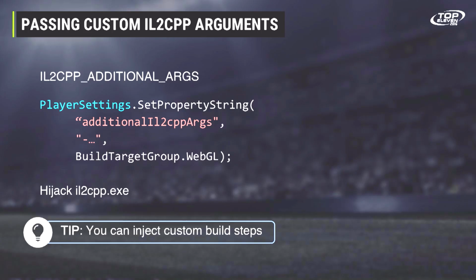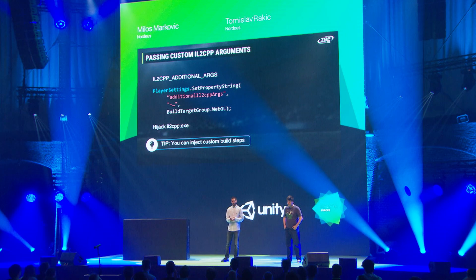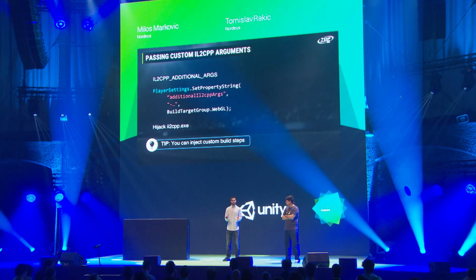We find it in the data folder of Unity, and we overwrite it with our own IL2CPP exe file, which calls the original IL2CPP with the flags we actually want. This is a good tip if you want to inject some of your custom code into a build step of Unity. This solved all our problems with the stack traces and null pointer exceptions.